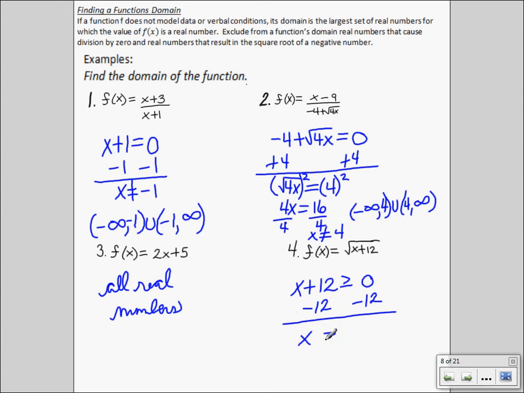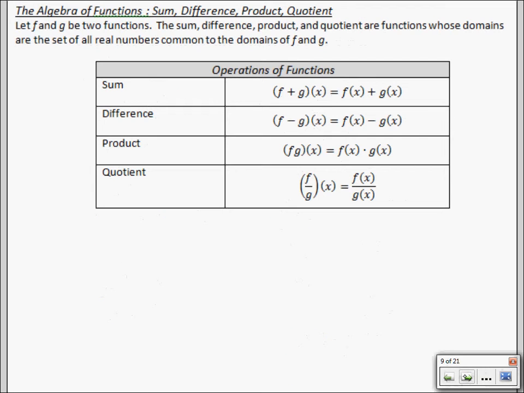You're going to be left with x is greater than or equal to negative 12. To write that in interval notation, since we have the equal to, we're going to include negative 12. So we have the bracket negative 12, comma, positive infinity, close parentheses. So that is the domain of that problem.